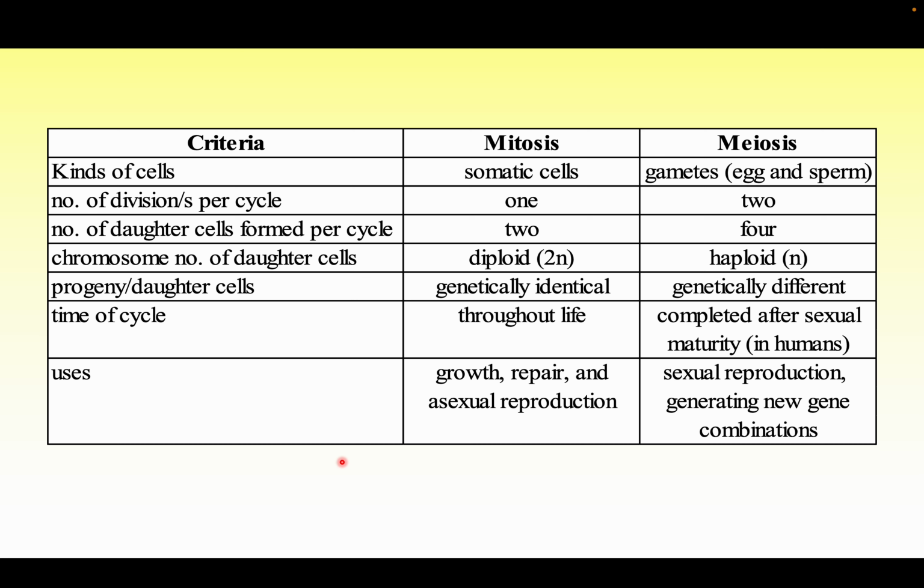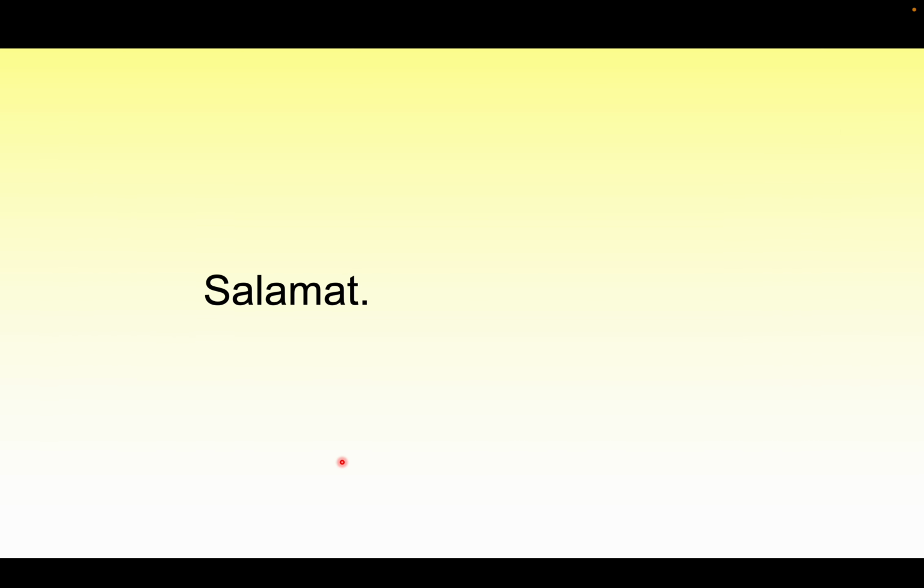Unlike mitosis, meiosis is important for sexual reproduction and the generation of new gene combinations, or the increase in the diversity of the genetic pool within the animal species. Okay, so that ends our recorded session on the meiotic cycle.